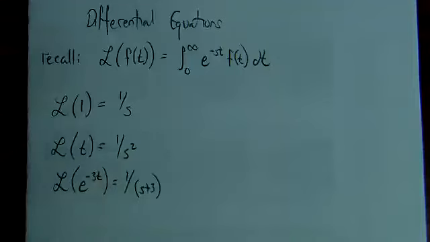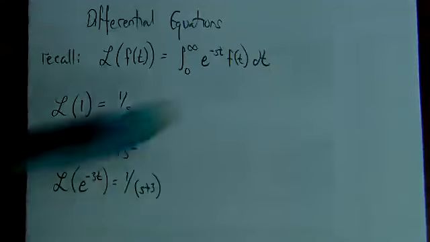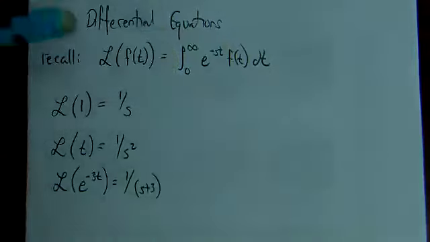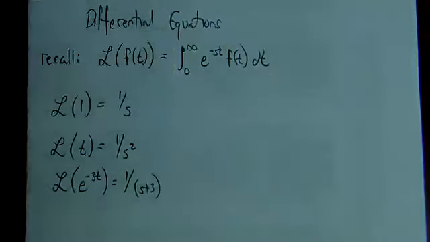Unfortunately, we don't have a real convenient way of doing this. I mean, we've never really talked about a good way to undo a definite integral, even an improper definite integral. So we're left with our fallback, which is really one of our strengths, and that is pattern recognition.